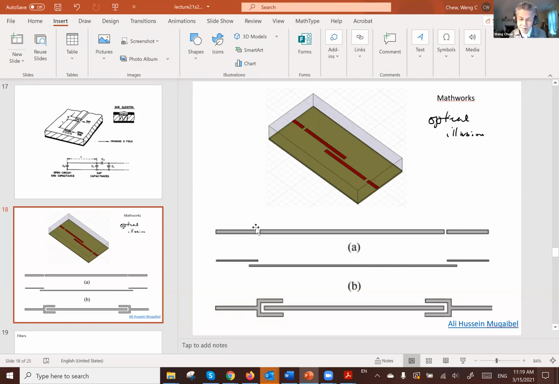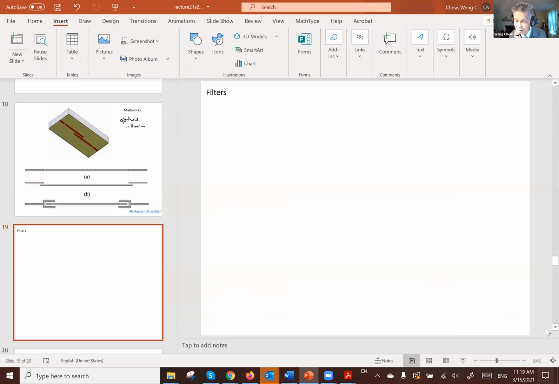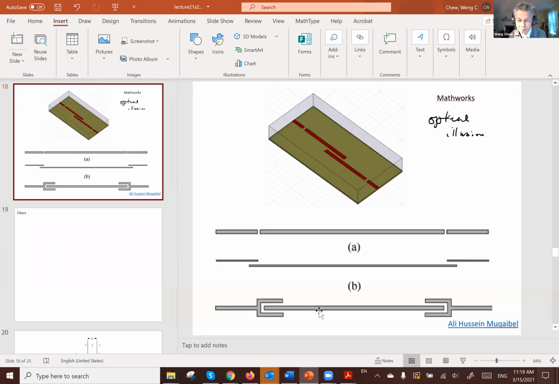And if this capacitive coupling is not strong enough, you can overlap this region and make the overlap region bigger like this one. You can have more coupling. And if that capacitive coupling is still not strong enough, you can make what is called interdigital capacitance. And this will give you more capacitive coupling between the two lines.